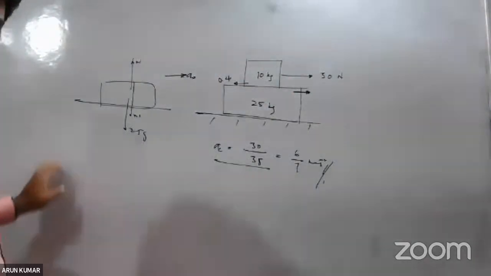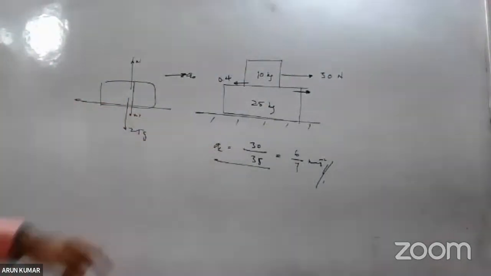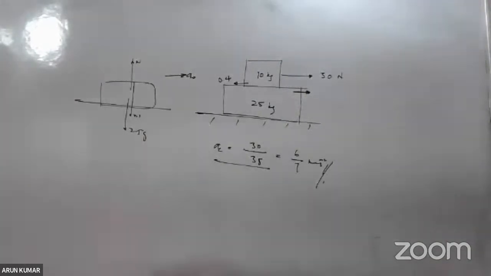Now, friction will be equal to mass times acceleration. Acceleration is 6 by 7 and mass is 25. So that would be 25 into 6 by 7. But what is the limiting friction between the blocks?